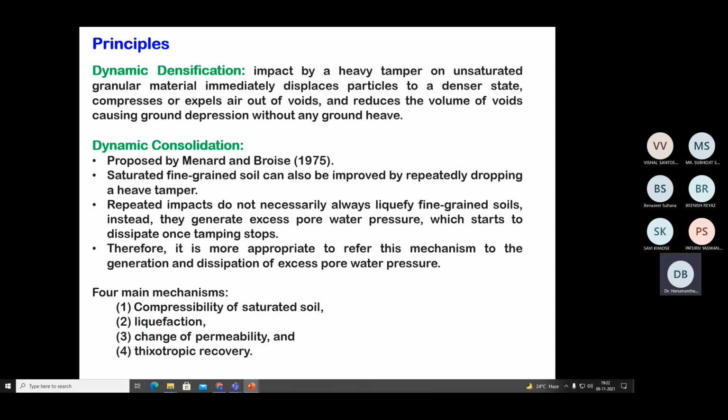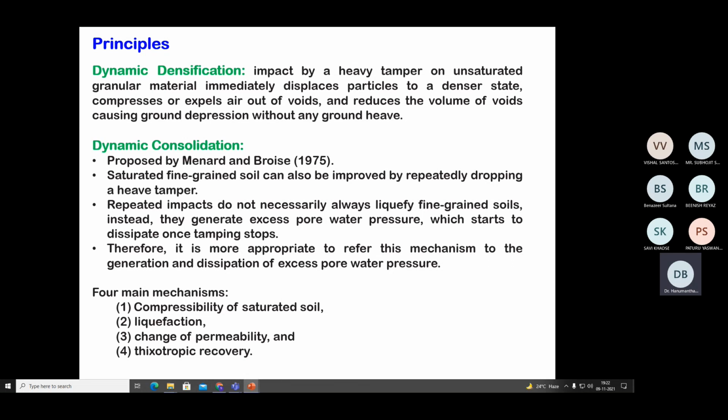People have also reported that dynamic compaction can be applicable for certain clayey materials, and there they call this phenomenon dynamic consolidation. They attributed the dynamic consolidation to two important things.